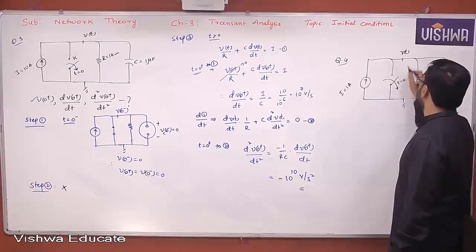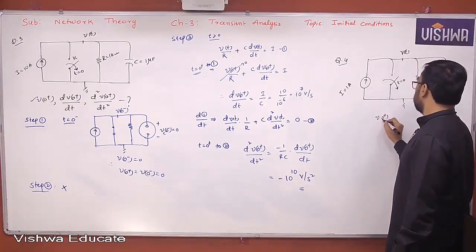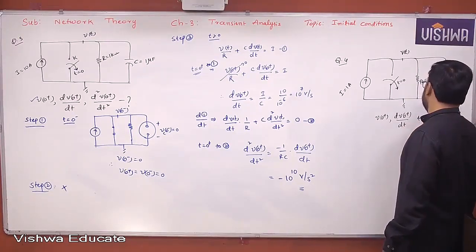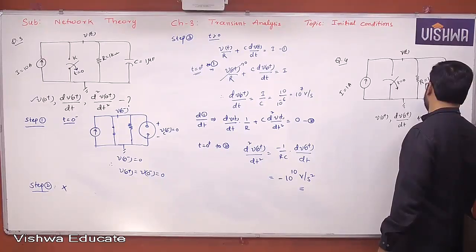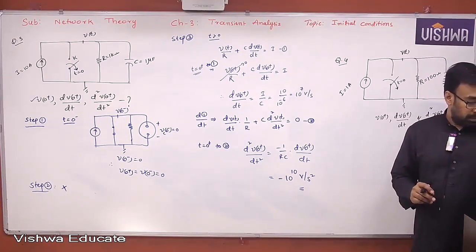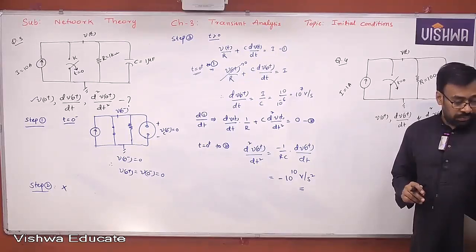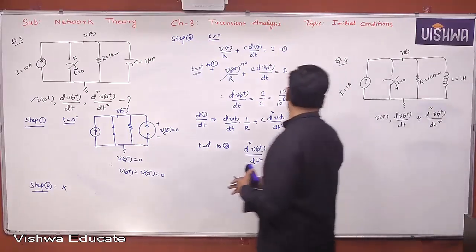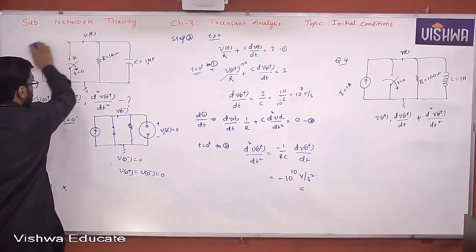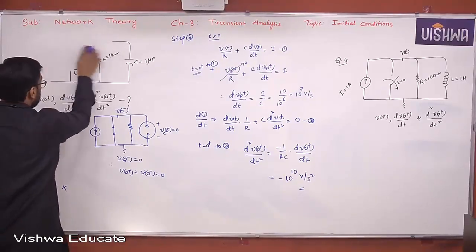Again, V of 0 plus, dV of 0 plus by dt, d square V of 0 plus by dt square. Question number 4. All of you, please go for question number 4.